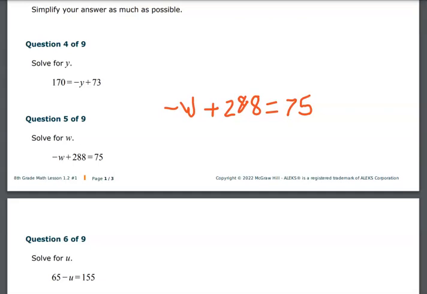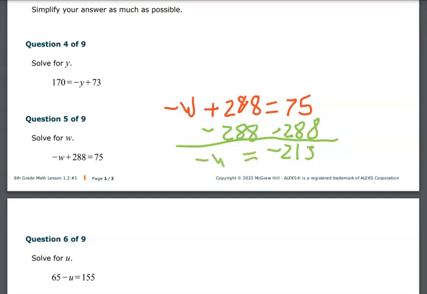So what I'm going to do is, I see addition, I'm going to subtract. I'm going to subtract 288. What that gets me is negative 213 equals negative w.